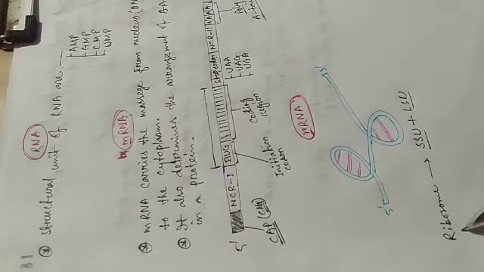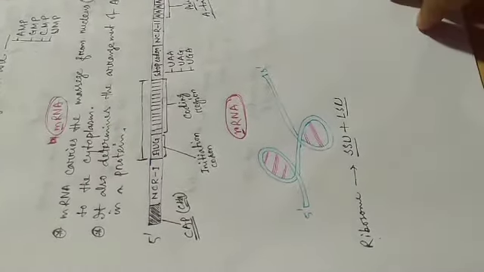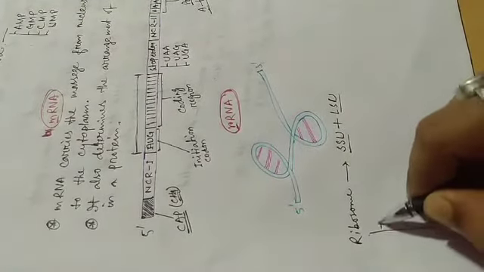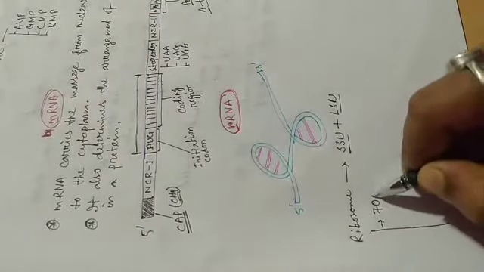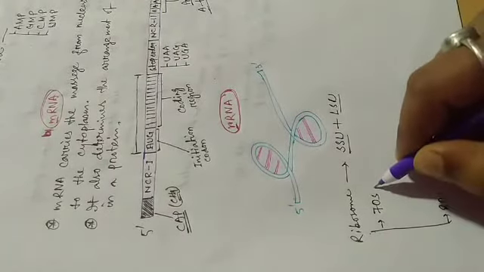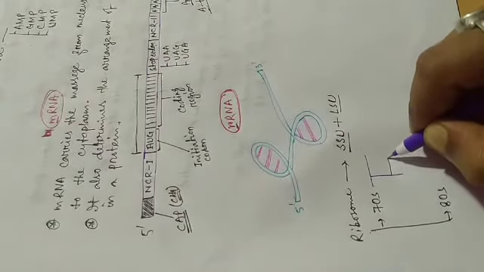Ribosome is also classified into two groups. These are the prokaryotic ribosome, means 70S ribosome, and the eukaryotic ribosome, means 80S ribosome. The 70S ribosome has a smaller subunit and a large subunit.